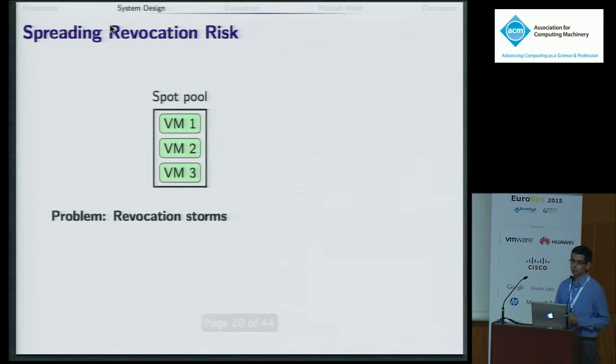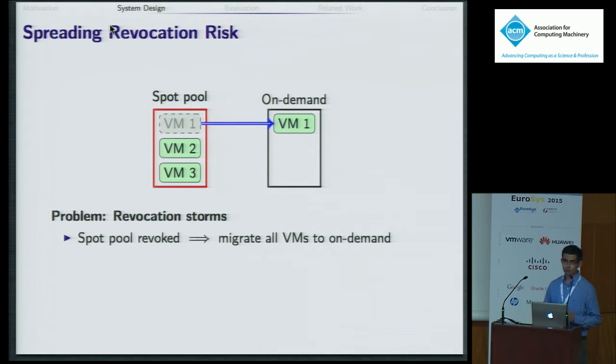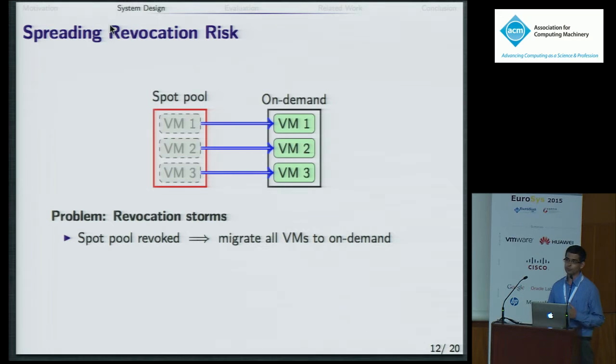Great. So migrating is nice, but it would be even nicer to not have to migrate at all. A problem that arises with Spot servers is that of revocation storm. If the market prices increase, this means that all the Spot servers can potentially go away. So we have this problem of a storm when all the VMs have to eventually be migrated to an on-demand server in quick succession.